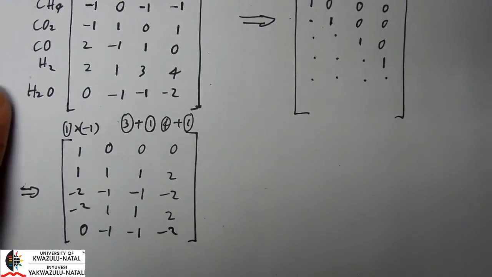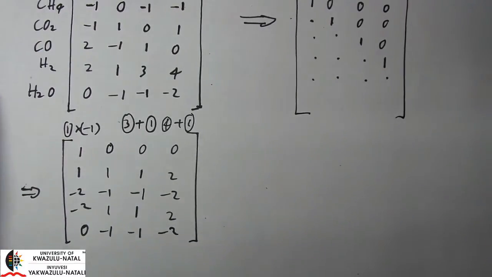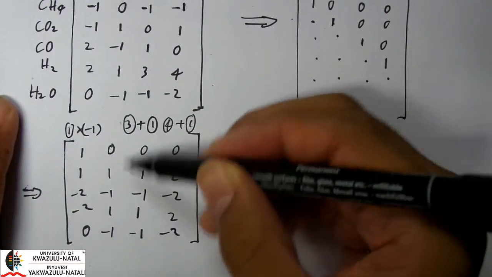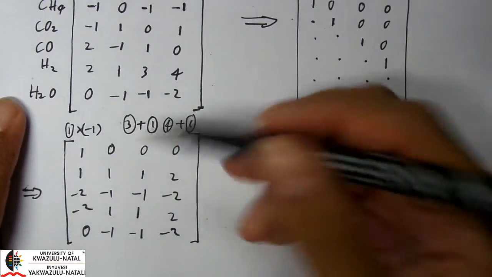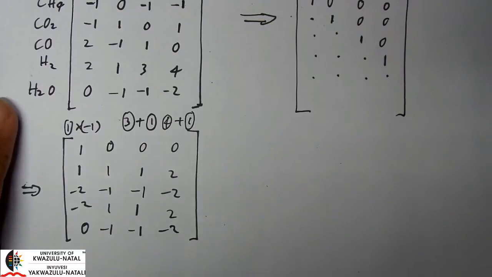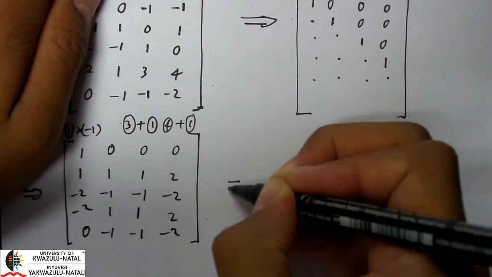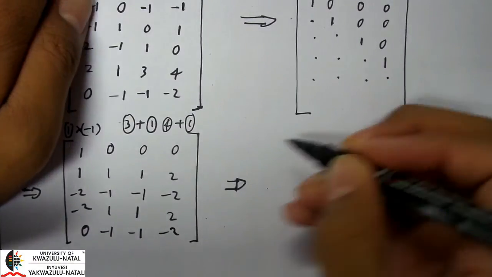So already this is giving us some hints that at least 2 of these reactions are not independent. But let's continue with our Gaussian reduction just to get a definitive result.